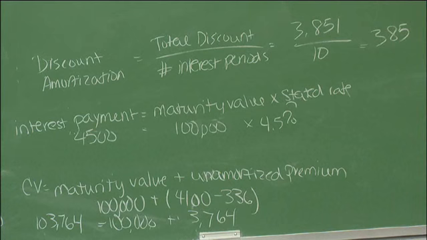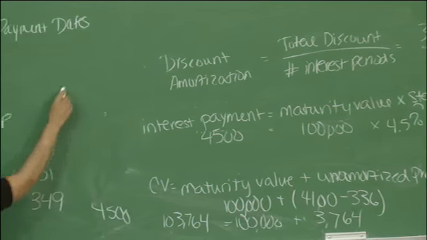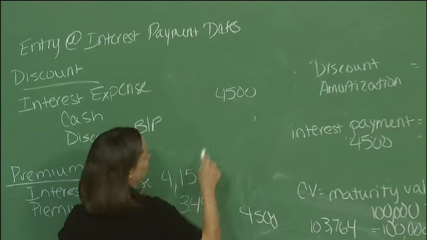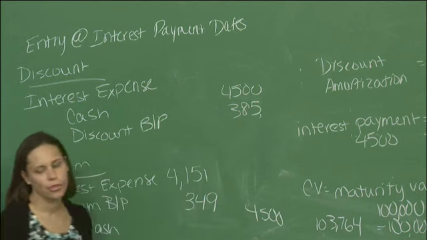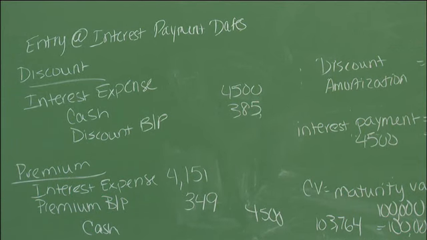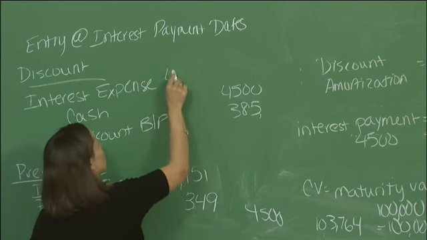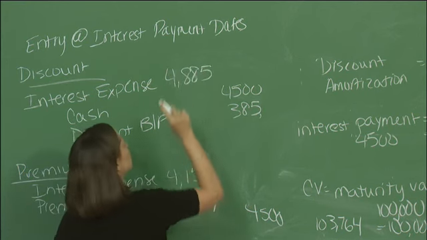Okay, cash paid for interest, that's the same equation. So maturity value, $100,000 times the stated rate of interest, 4.5%. So if we look now at our entry, cash $4,500, discount amortization $385, which means our interest expense is $4,885.